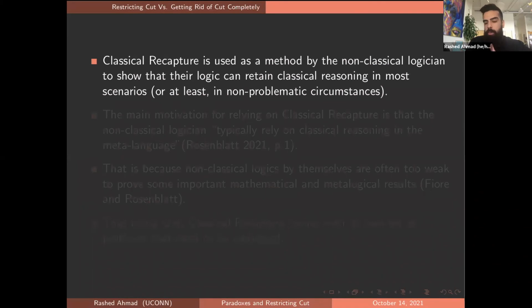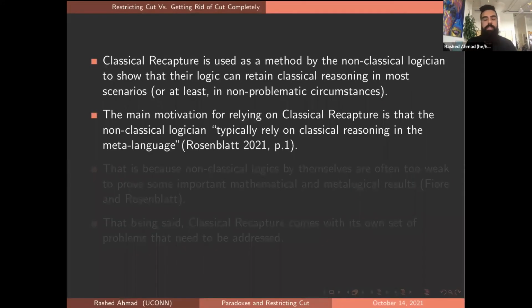All right, another way to highlight the difference between our approach and fully non-transitive is to make use of the notion of classical recapture. So classical recapture is used as a method by the non-classical logician to show that their logic can retain classical reasoning in most scenarios. At least you can reason classically as long as you're not in a problematic domain. That's the whole idea.